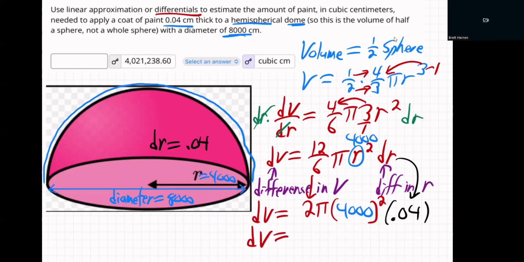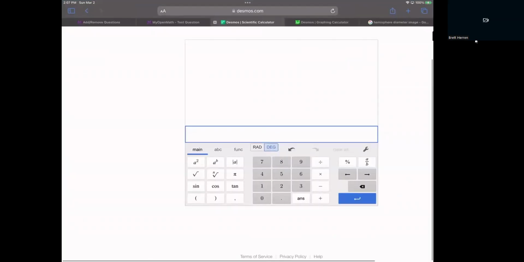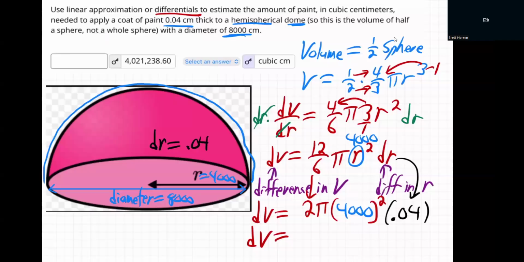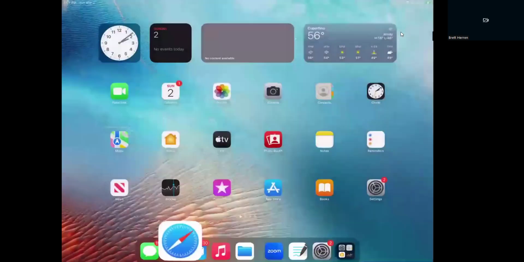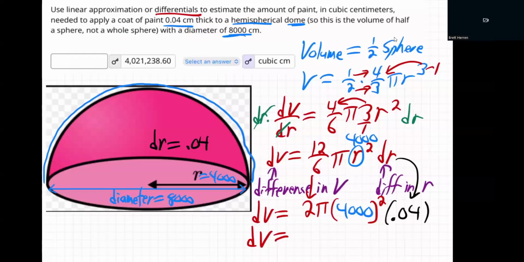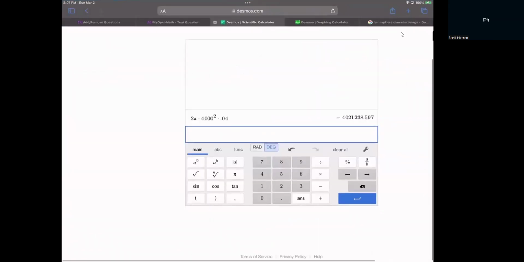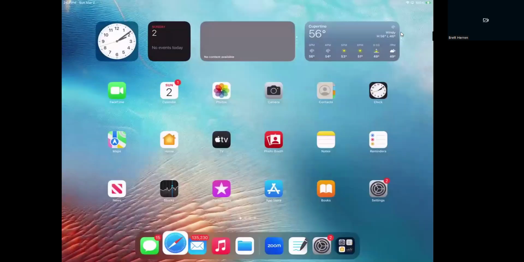So 2 pi times 4,000 squared times 0.04. Equals. 4,021,238.60. That's 4 million, 21,238.597, so it rounds to 0.60.